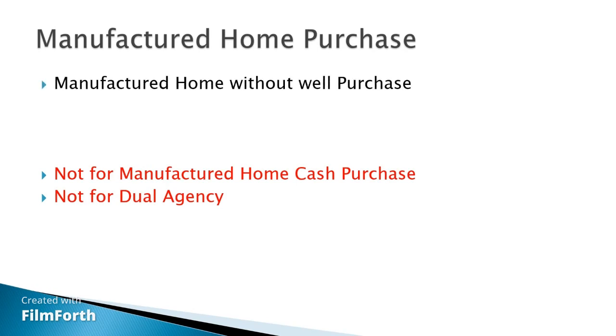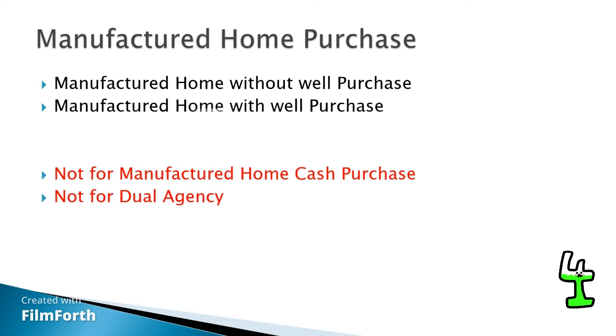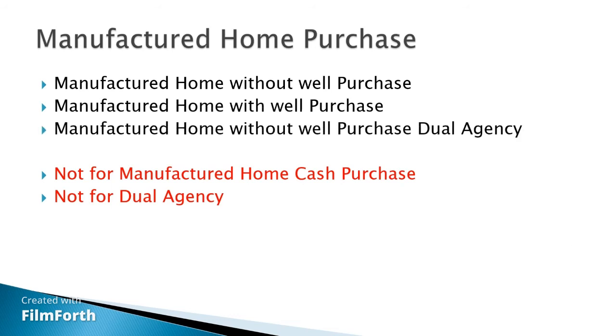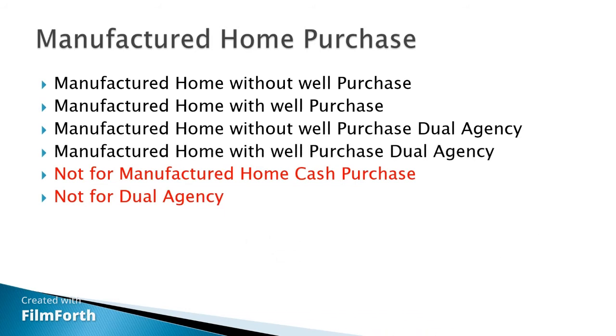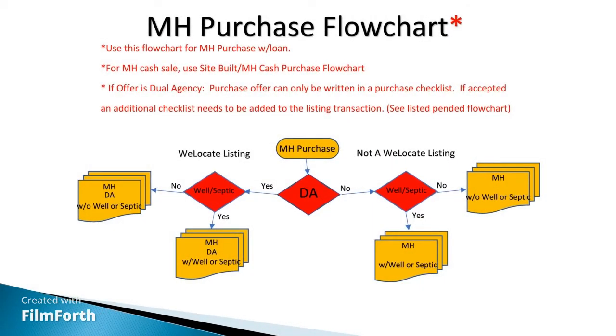It's not for a manufactured home with cash, nor is it for dual agency. This is the flow chart for a manufactured home. Dual agency or well or septic, and that's your big choices.